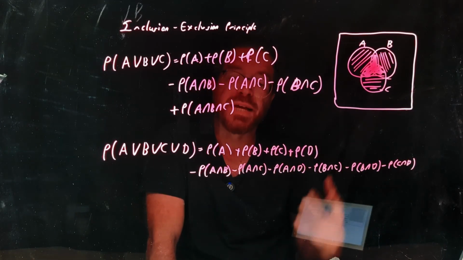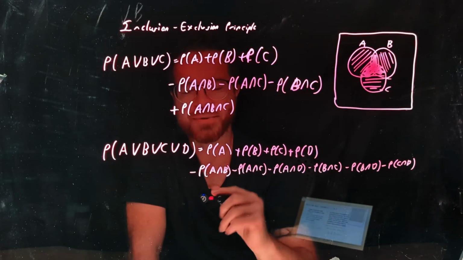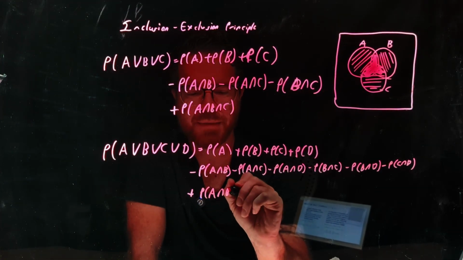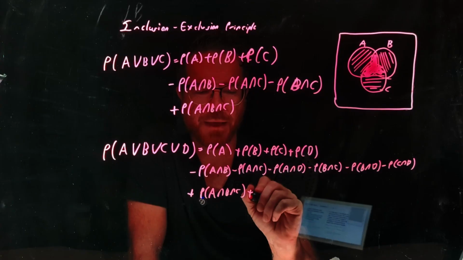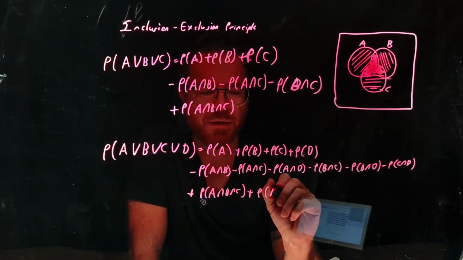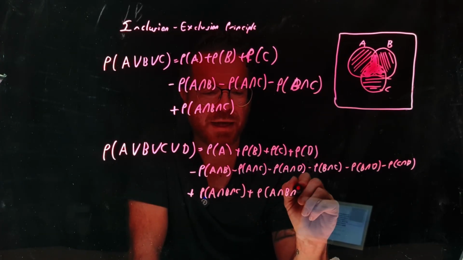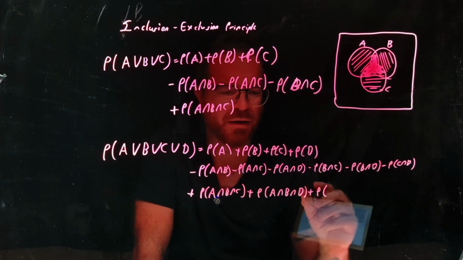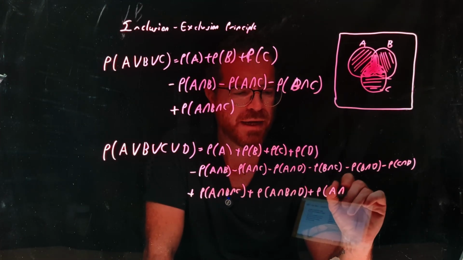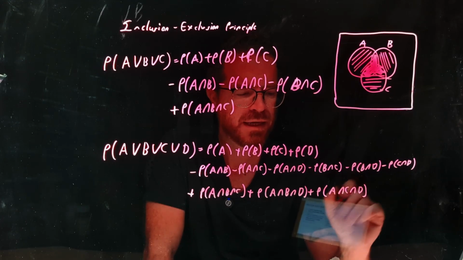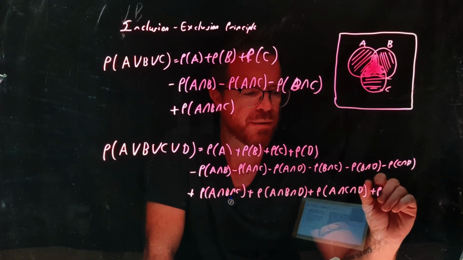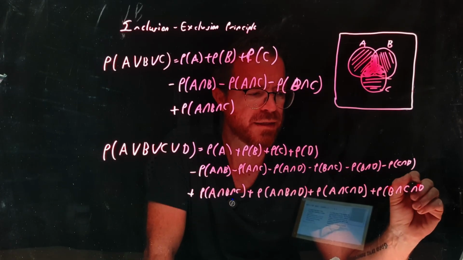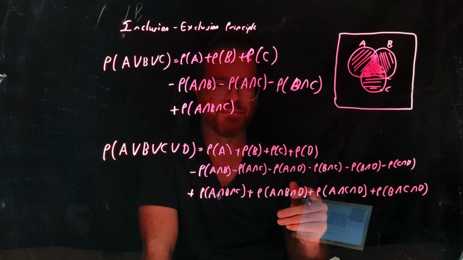And again, we've taken too many out, so now we have to add in the triples. So this would be plus the probability of A and B and C, plus the probability of A and B and D, plus the probability of A and C and D, plus the probability of B and C and D. I think I have all of them.